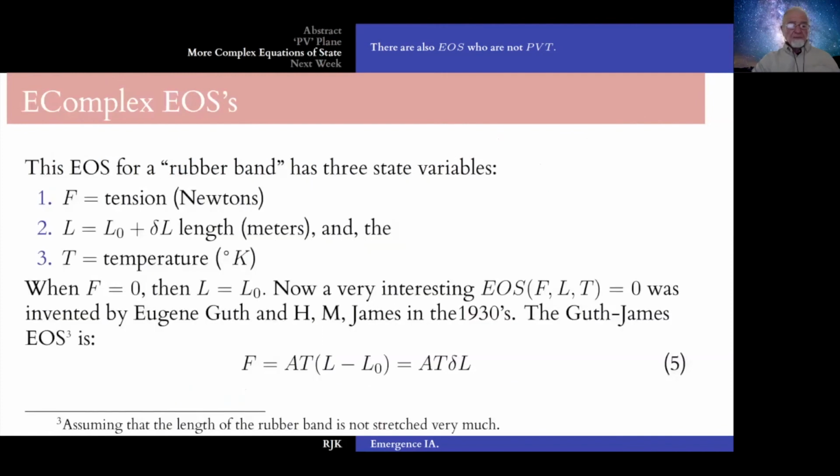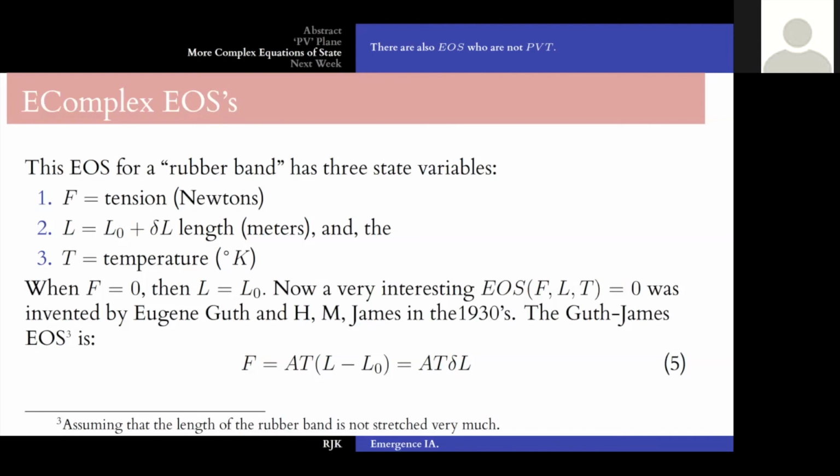So this equation of state for a rubber band has three variables: the force or tension in newtons, the length, L sub 0 plus delta L in meters, where L sub 0 is the unstretched length of the rope, and T is the temperature in degrees Kelvin.